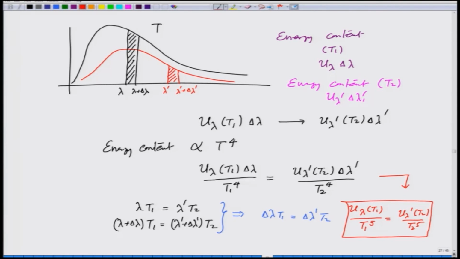So, through the analysis of this curve and the way lambda shifts, we have found that u lambda T over T raised to 5 is same as u lambda prime T prime over T prime raised to 5. Now, I also know that lambda T remains constant.